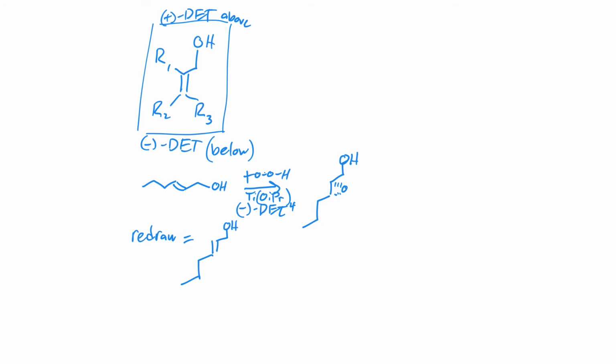So I could draw my product like that, and that would be totally fine. We understand what the stereochemistry of these two stereocenters are, right? The O group, the epoxide, is projecting into the screen, whereas everything else is within the plane or coming out of the plane. We could also draw it this way. So now I'm pretending that the plane is essentially this red line perpendicular to the screen.